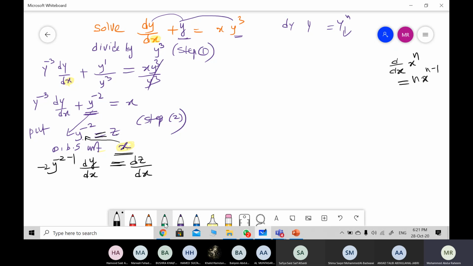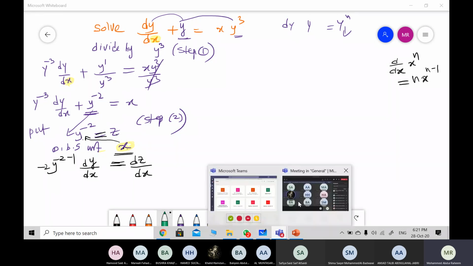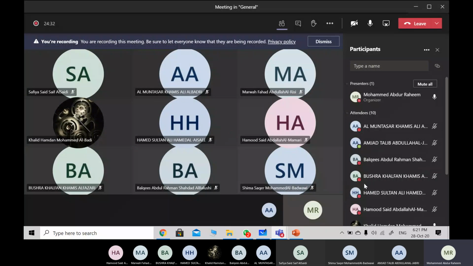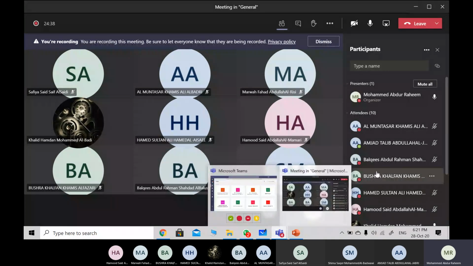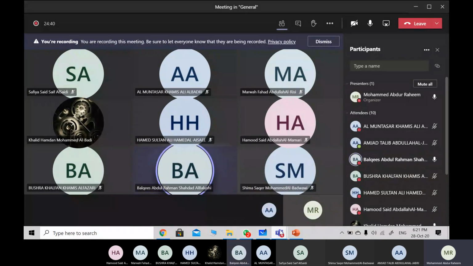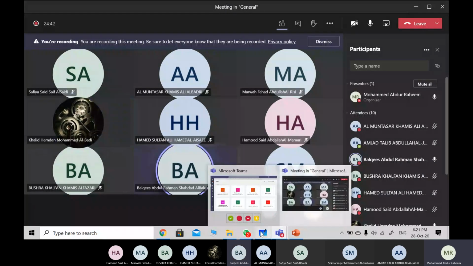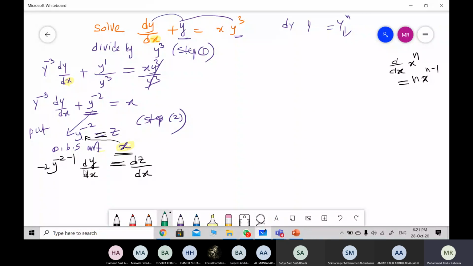Agree? I have to call by name so that they will say something. Balkhis, assalamu alaikum. Do you feel okay with this or not?